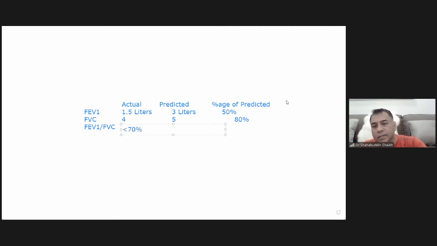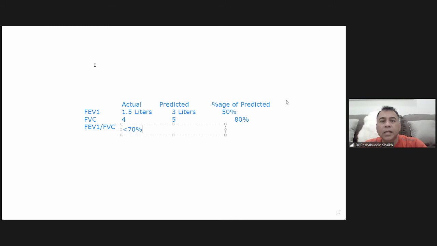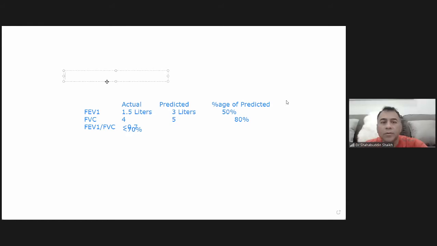Doctor, how can you calculate the ratio? Very good question. Let me get the pointer here. Where is my pointer? I'm using this draw pen. You divide this number by this number: FEV1 by FVC.